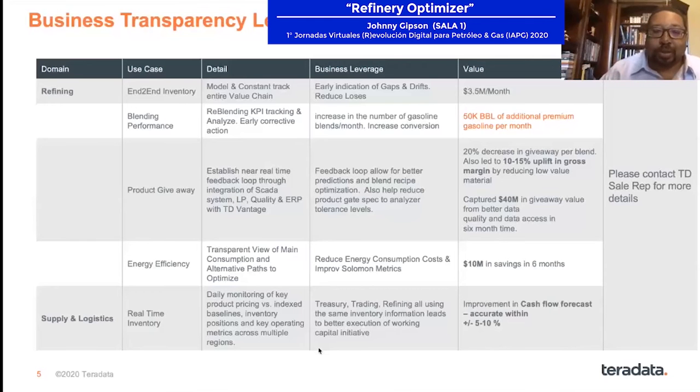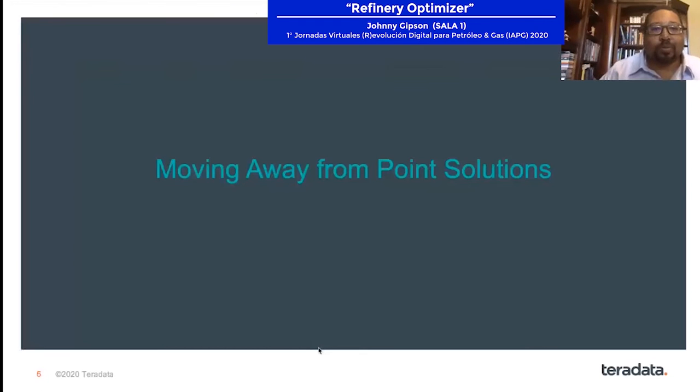So the one thing that we understand is that applications do certain things and you need those applications. But there are some things that we've created point solutions for that only help that one analyst or that one persona. What we want to do is try to get this information into the hands of everyone that needs that information.